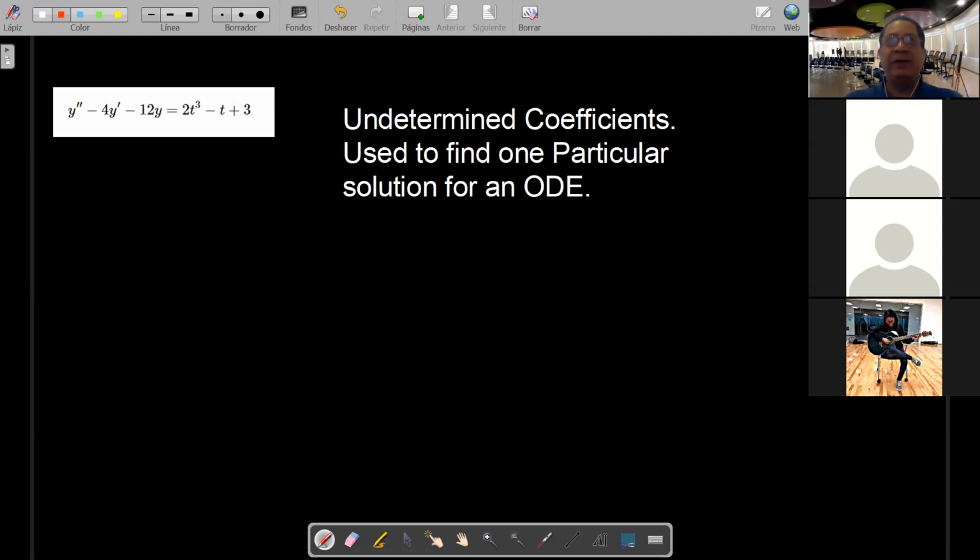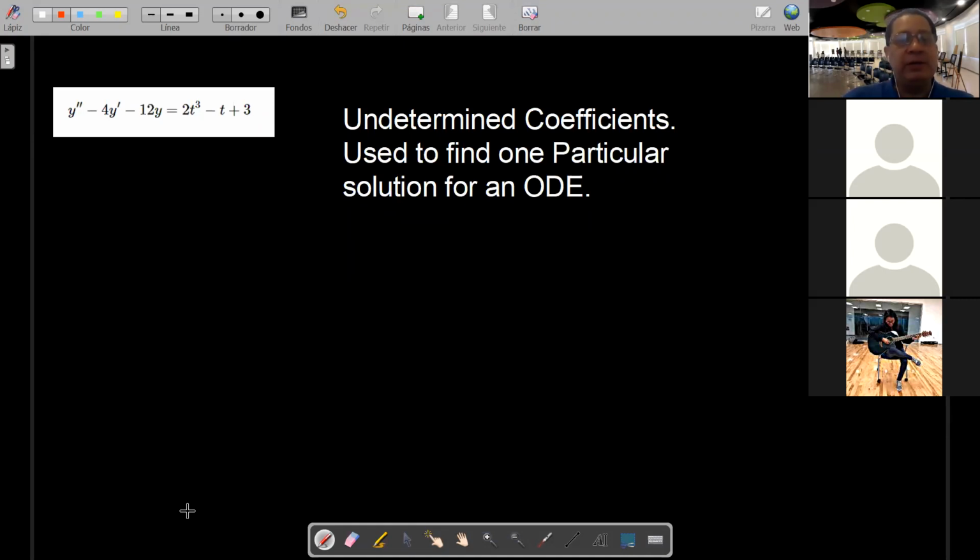And if the right side or the forcing function is a sine function or a cosine function or a sum of sine and cosine functions, then your best guess is a sum or addition of sine and cosine functions with undetermined coefficients. And that's where the name for this method comes from. So let's work with a third example.